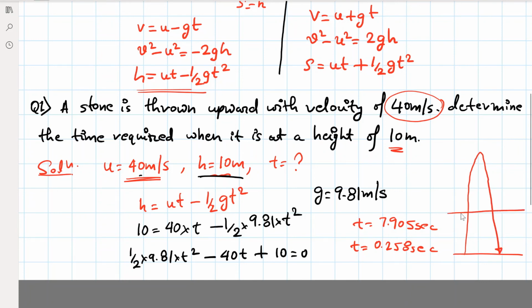So suppose this is the 10 meter height, it will reach the height of 10 meter two times. Initially at 0.258 seconds it will reach 10 meter height, then it will travel like this, then it will come back. So it will take this much time, that is 7.905 seconds, to reach the 10 meter height again.